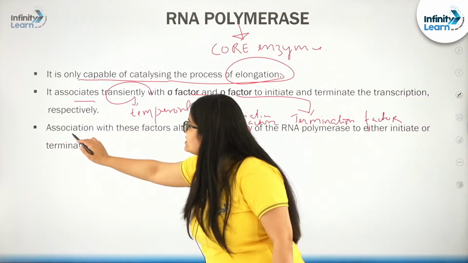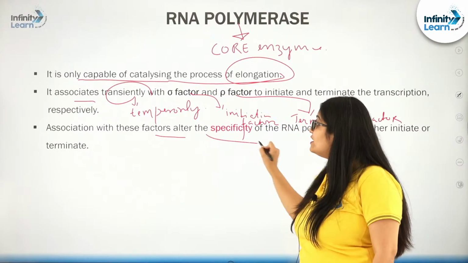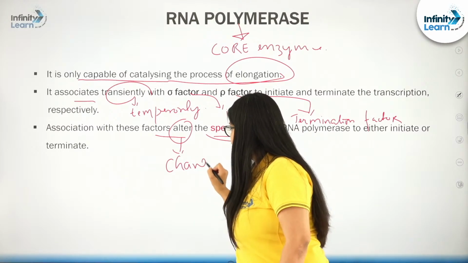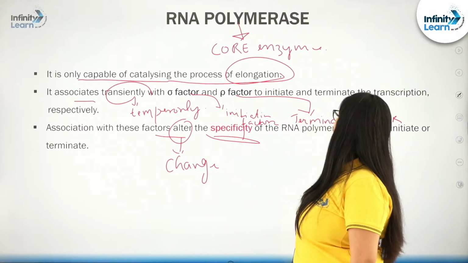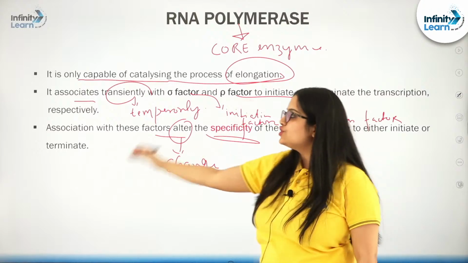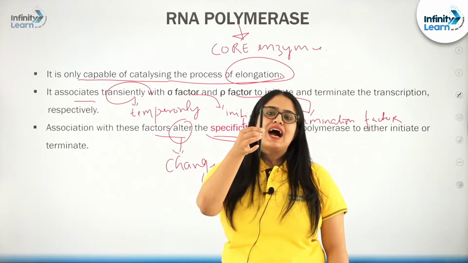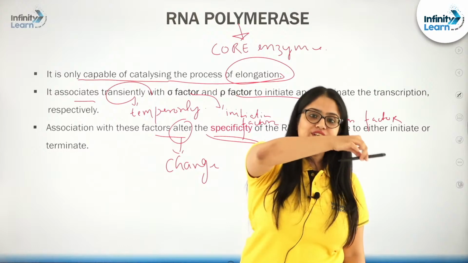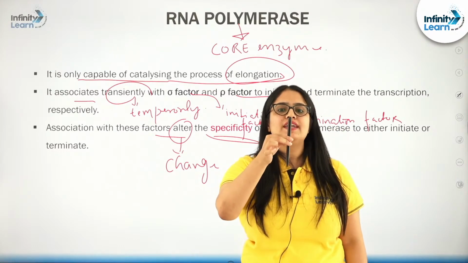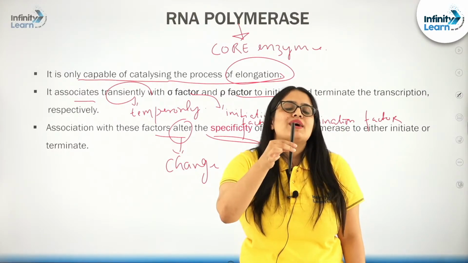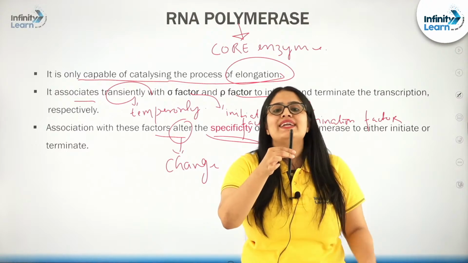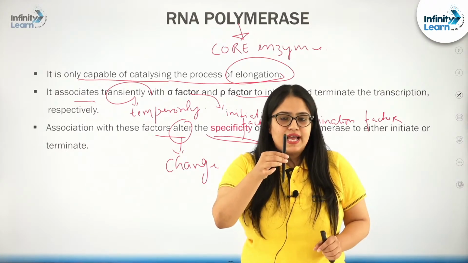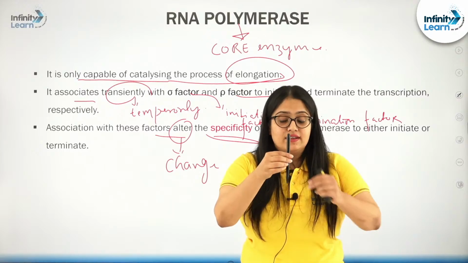Next, association with these factors alters, means changes, the specificity of RNA polymerase to either initiate or terminate. So, whether this RNA polymerase will do initiation or termination will be decided by the factor which is binding with it for a short duration, for a temporary time period, for transient.